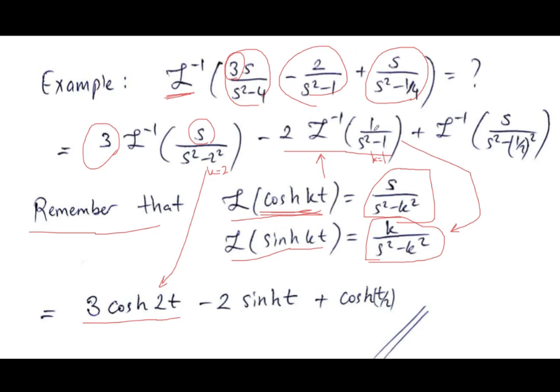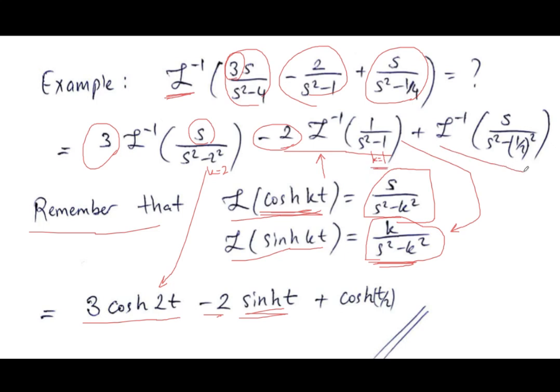If k equals 1, this is 1 over s squared minus k squared. That corresponds to our hyperbolic sine function. We still have this minus 2 outside here, and then we multiply with the hyperbolic sine of t, because k corresponds to 1 in this example for the second one.